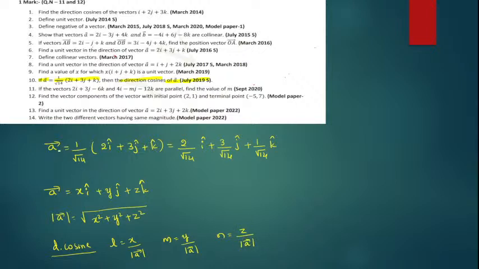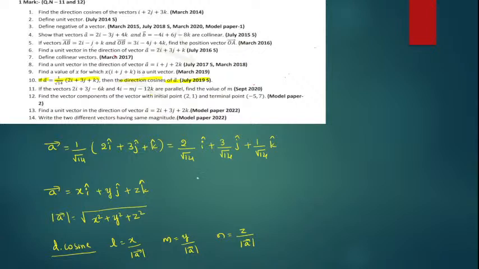Now our vector A is provided like this: 1 divided by root 14 times of 2i plus 3j plus k cap. Here the i component, j component, k component indicate the direction ratios. But here they are asking direction cosines.